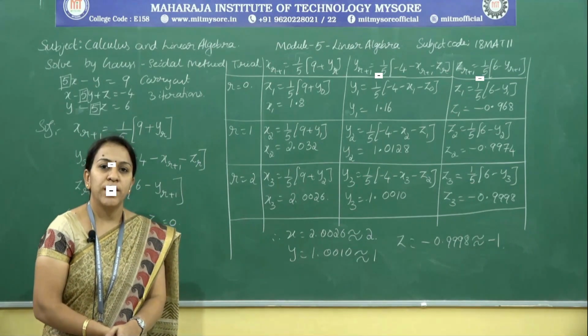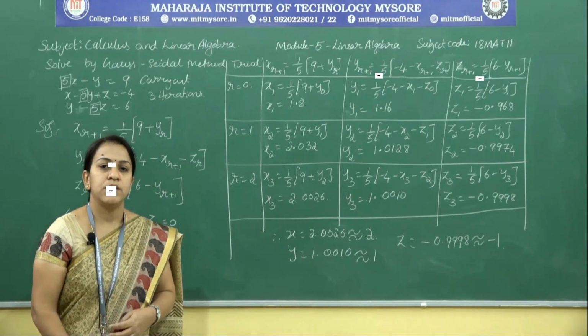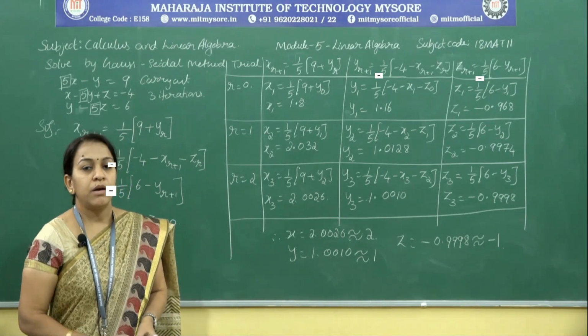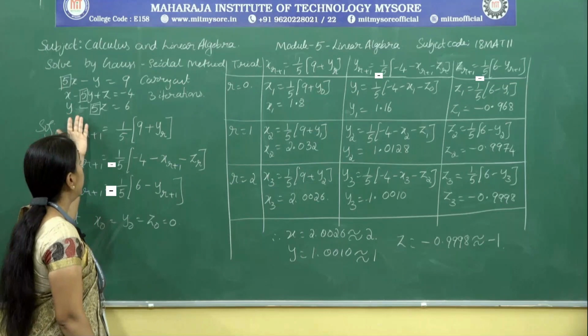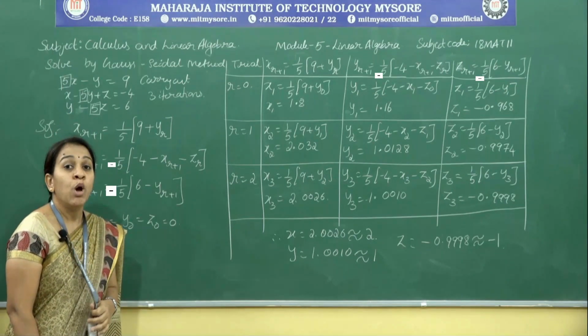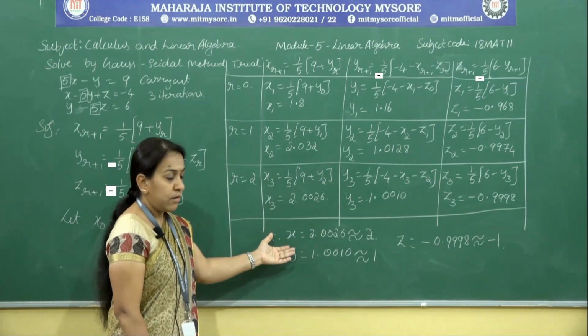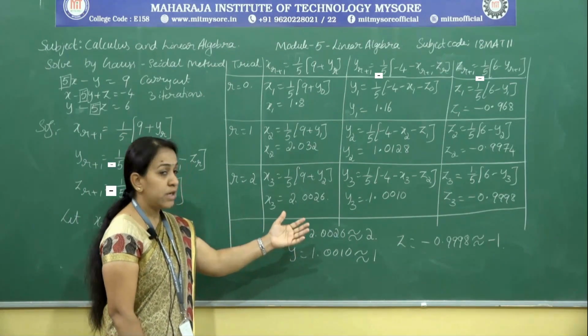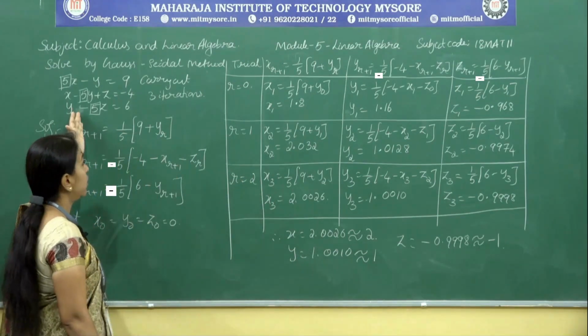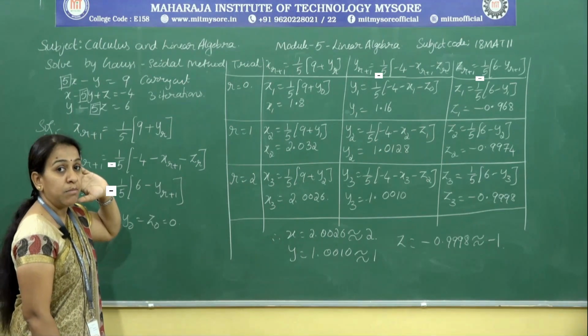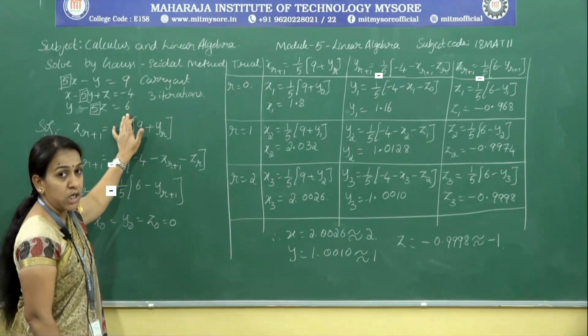Of course, you can verify your result using a calculator by solving the same given system of linear equations, or else I can verify your result without a calculator, that is, if I put the x, y and z values in any one of the given equations, I should get the same result as we have in the RHS.